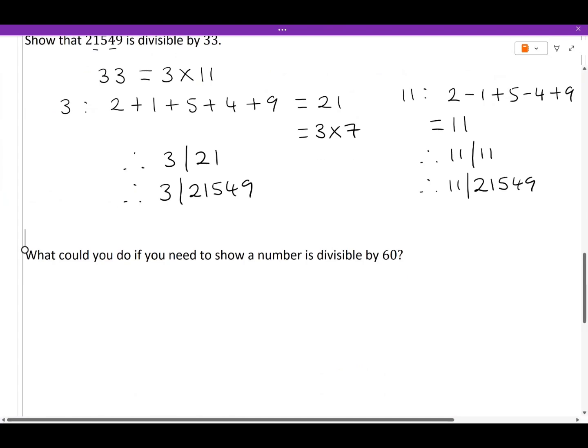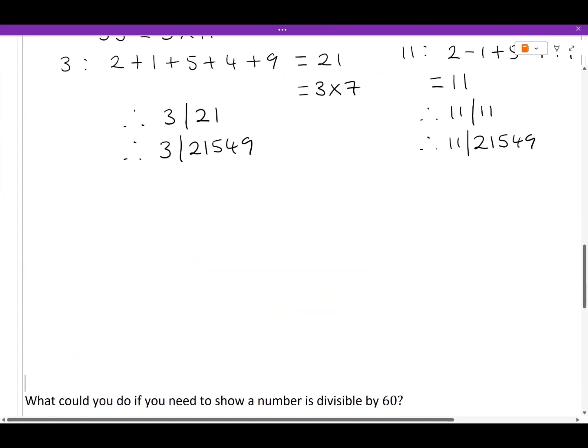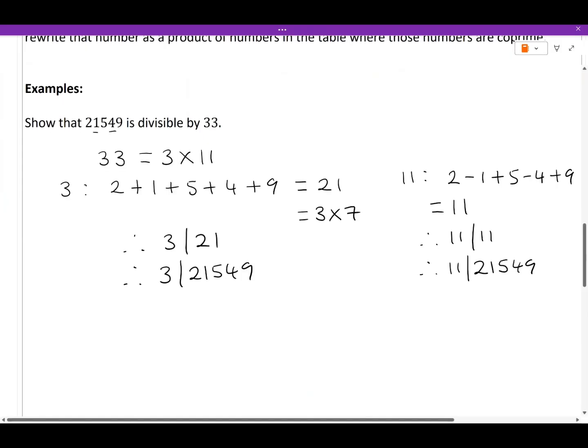So now what we need to do next is write a conclusion, because we're not finished yet.